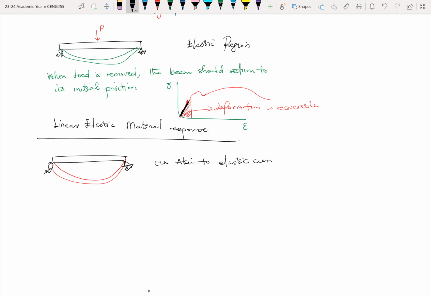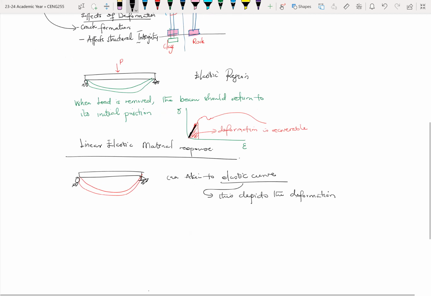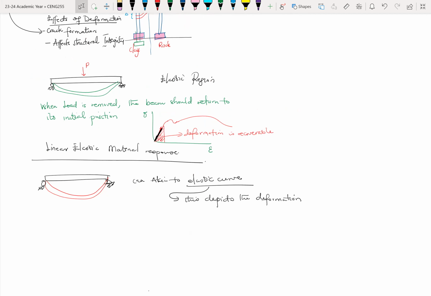Okay. The elastic curve is just a curve which depicts the deformation. So that's the idea of the elastic curve.